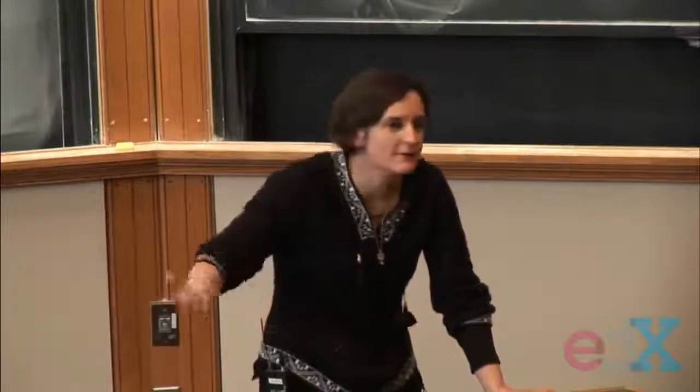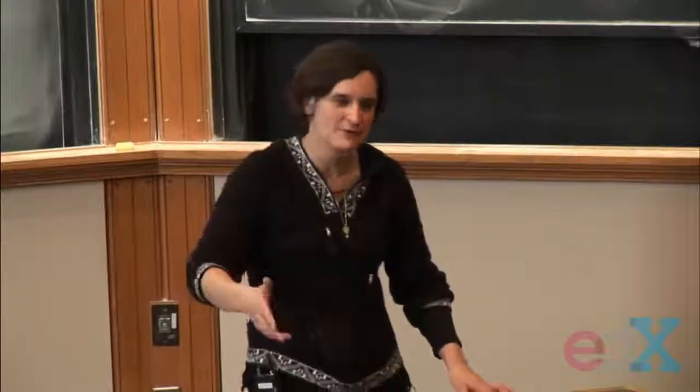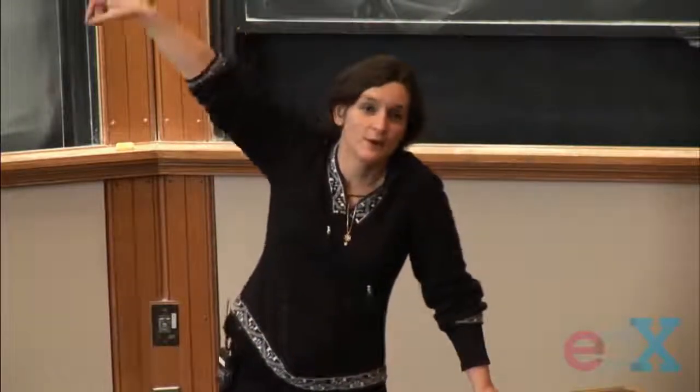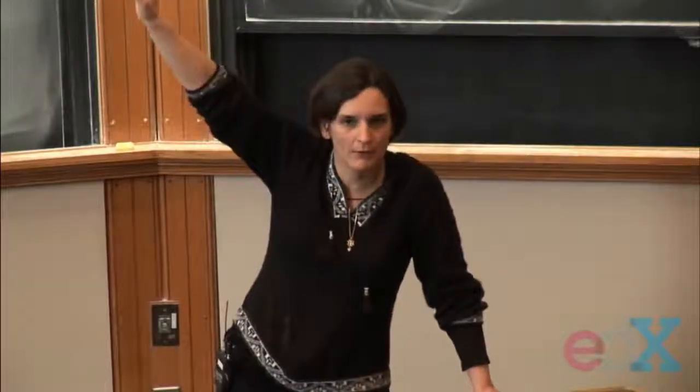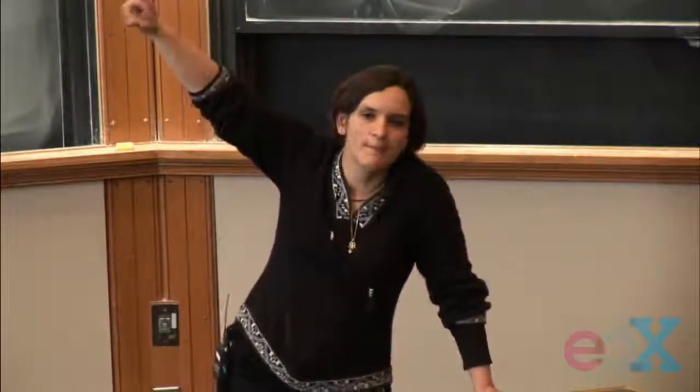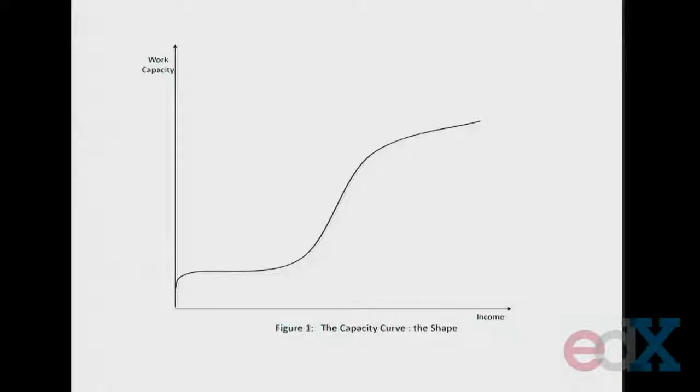So if you're paid by the piece, however many bushels of wheat you harvest, you get that much income. That creates the work capacity and your income tomorrow being related one for one, right? So here we have income today, work capacity, and instead we could have income today and income tomorrow. Okay?